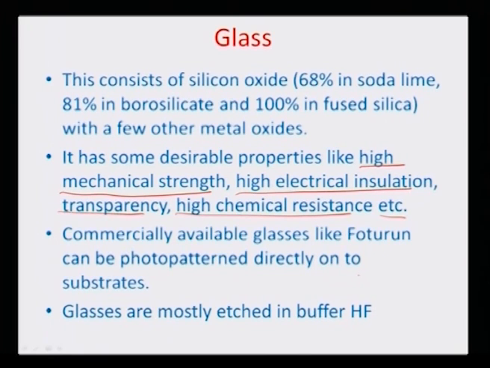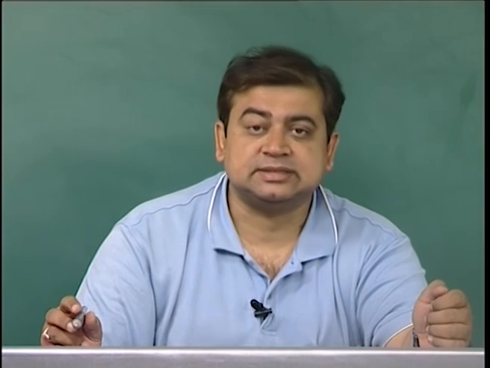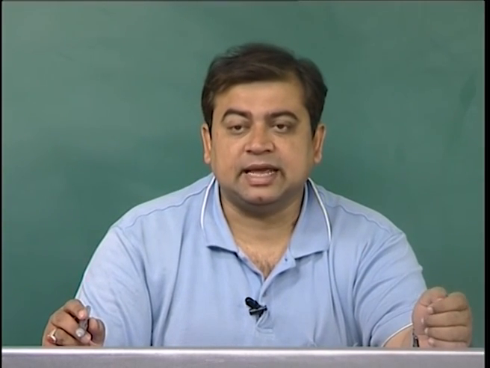And commercially available glasses are now available freely which can be photo patterned. Photoran is one such glass, which can be directly photo patterned onto the substrates, and therefore with glass also you can use photochemical machining or PCM to result in a variety of features and structures at the microscopic length scale.